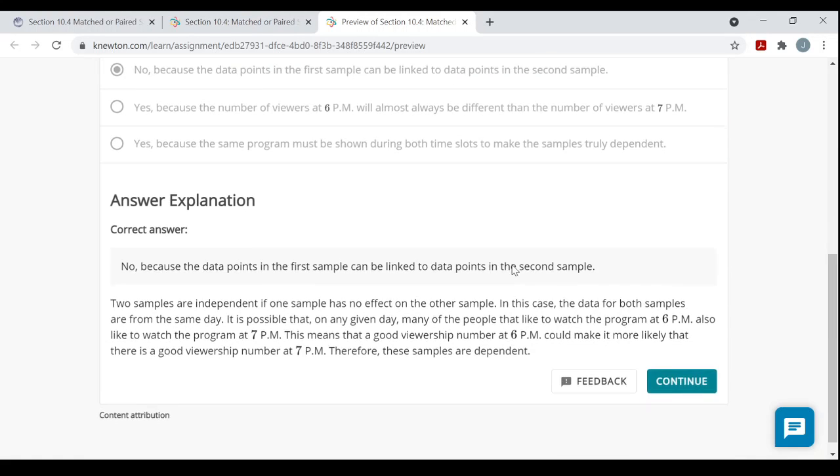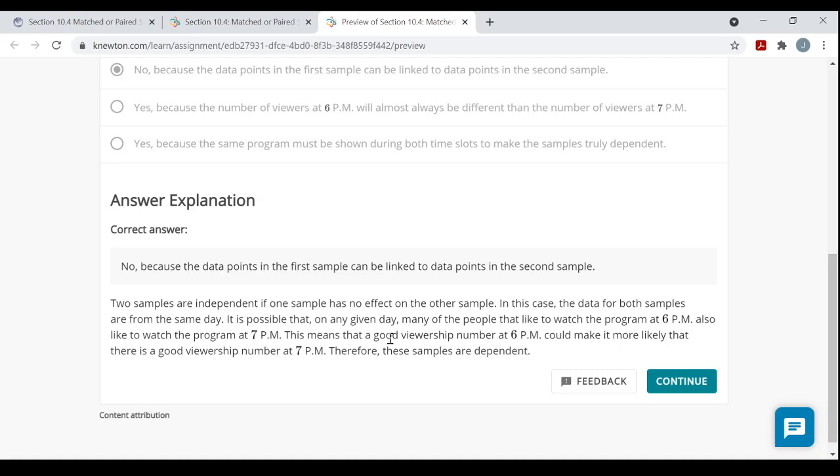And again, read through your answer explanations. As I said earlier, two samples are independent if one sample has no effect on the other sample. In this case, the data for both samples are from the same day, and it is possible that on any given day, many of the people that like to watch the program at 6 also like to watch the program at 7.